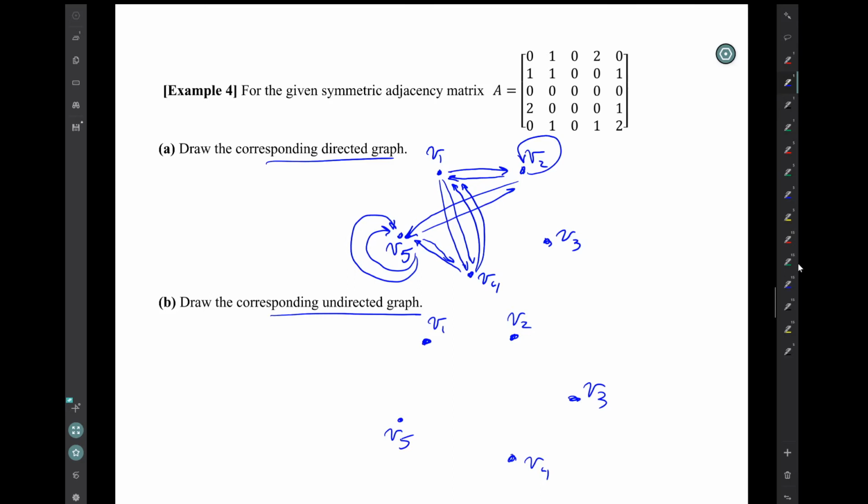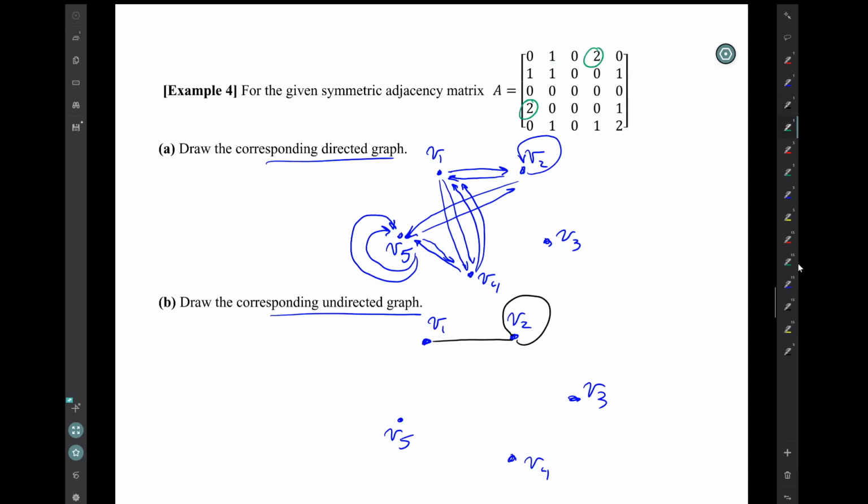Well, basically, every one of these double arrow pairs just gets replaced with a single edge. So these 2 matrix entries correspond to that 1 circled edge. This matrix entry corresponds to this loop.